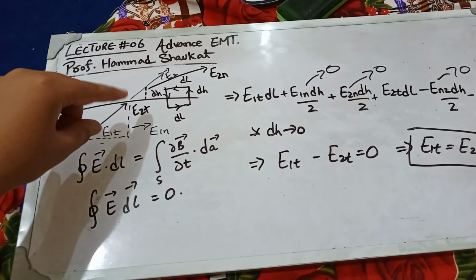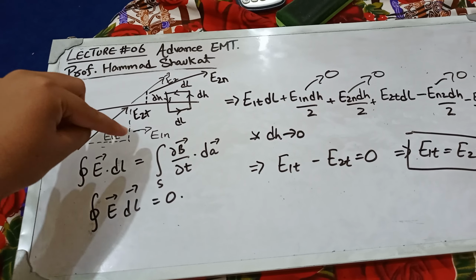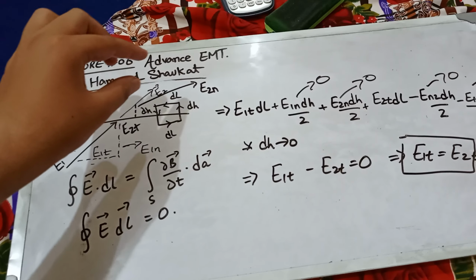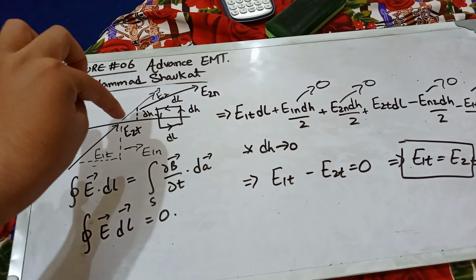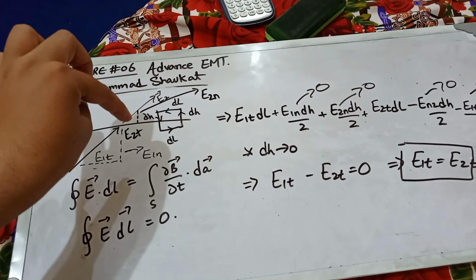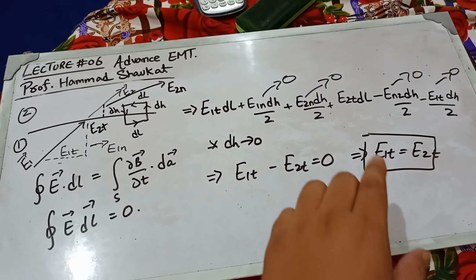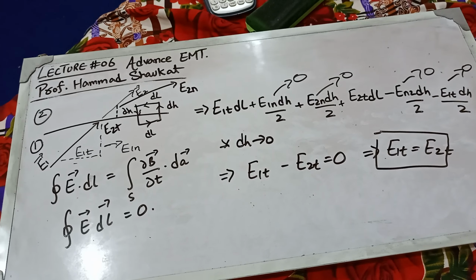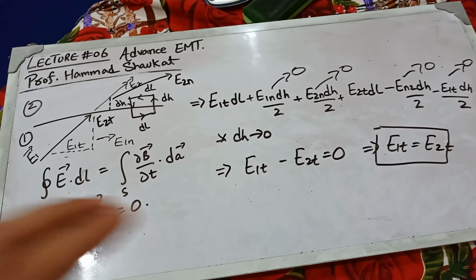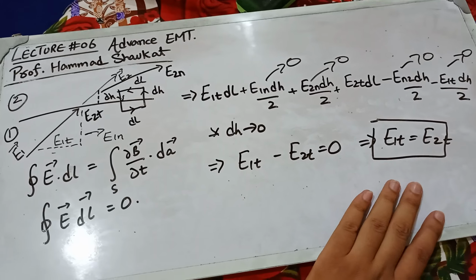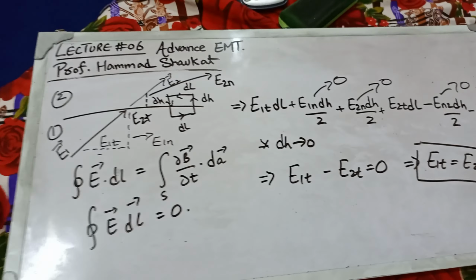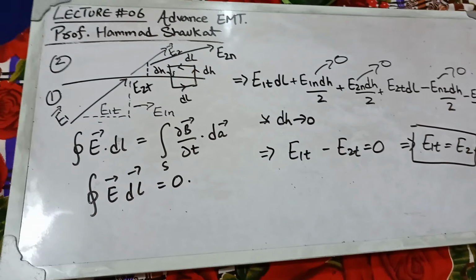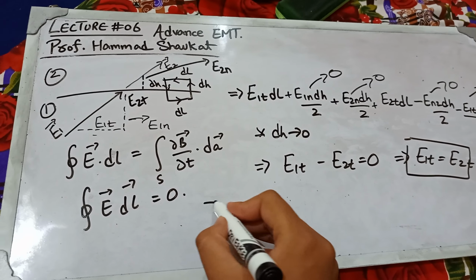This is the tangential component in the first medium, and this is the tangential component in the second medium. Because e1t now equals e2t, the tangential components of electric fields are equal, so we can conclude that they are continuous.